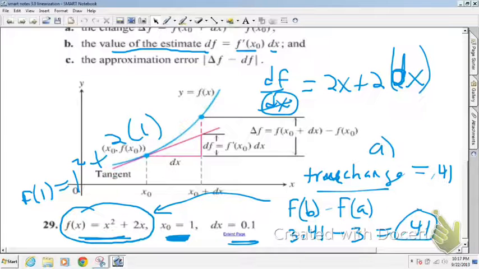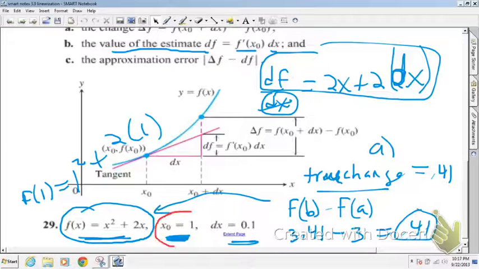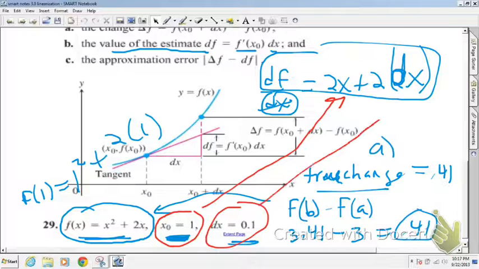Okay, then I'm using what they told me to use to calculate the estimated change. So I'm going to take the givens, 1, store it right there, and take the dx, 0.1, and store it right there.